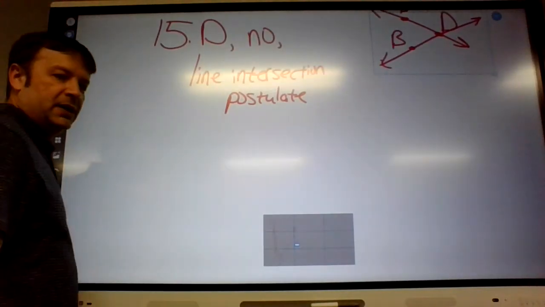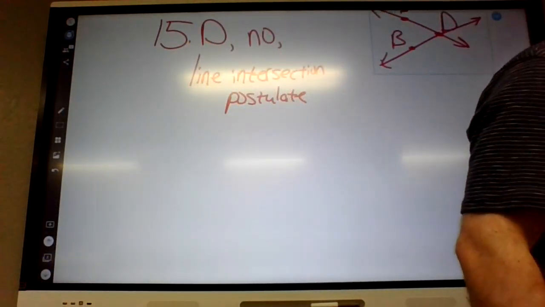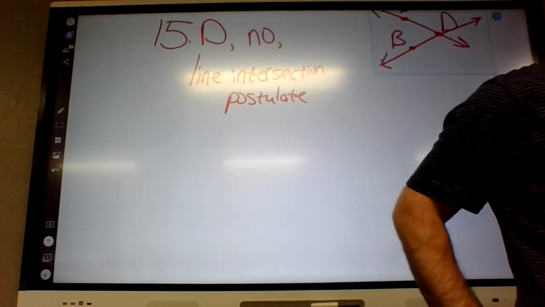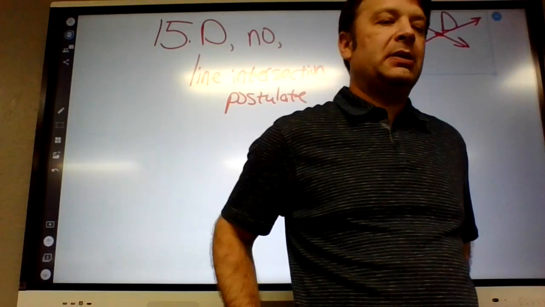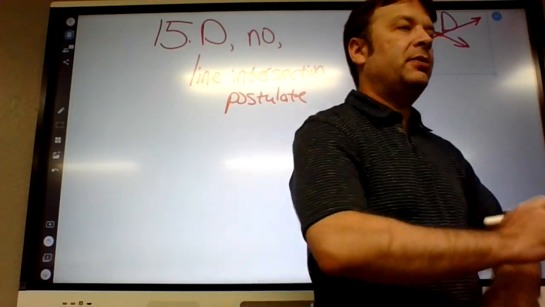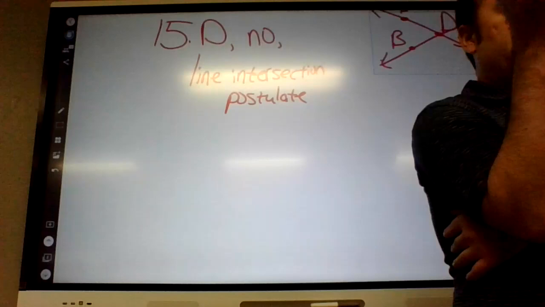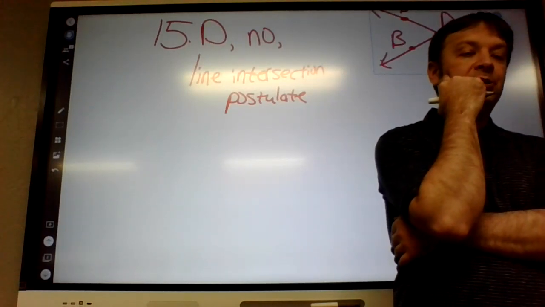Okay. 16 is weird because it's not a postulate, it's a definition. Can you draw any skew lines? Can you draw any skew lines using the points in this figure? If you were to draw any two lines, is it possible to draw two lines that are skew?